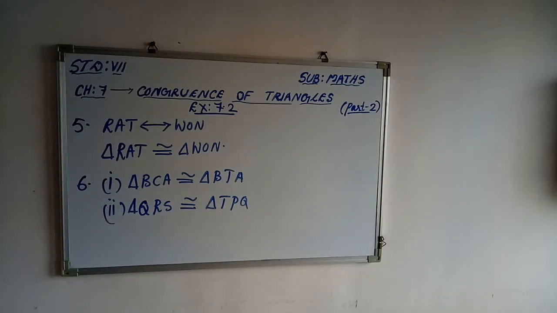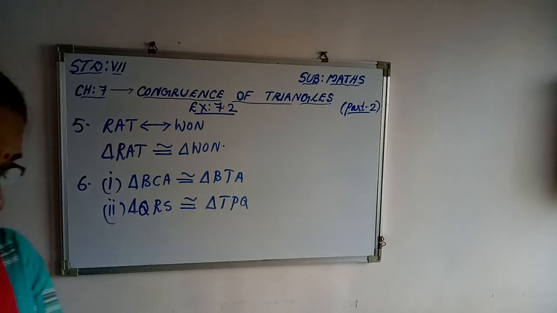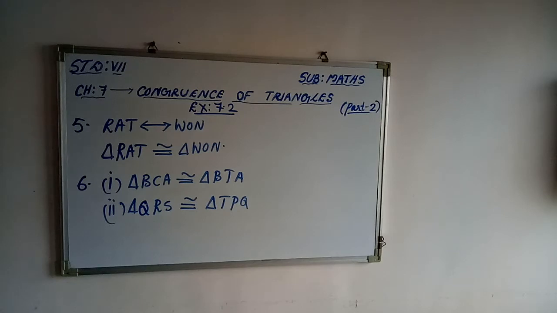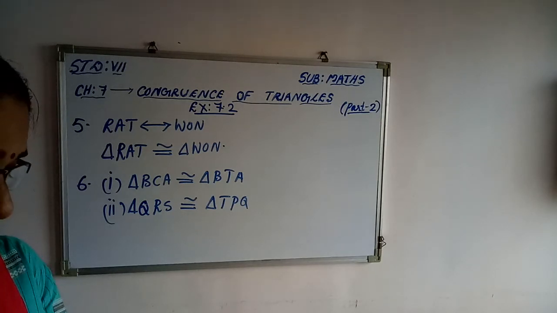How will you find out that? You see, sixth one, first figure, see BCA. In BCA, the correspondence here is BCA corresponds to BTA. And see the marking there, BC is equal to BT. See two lines shown there.